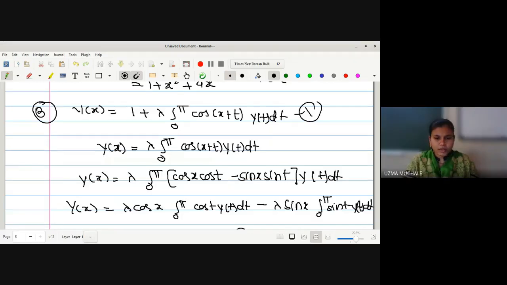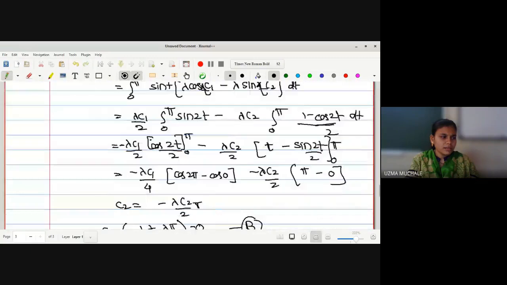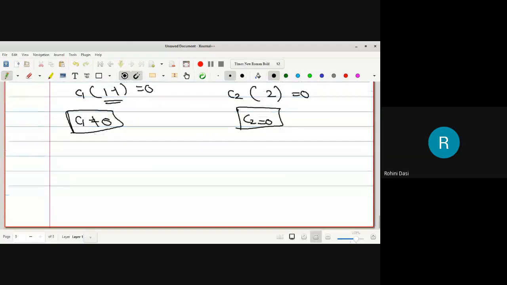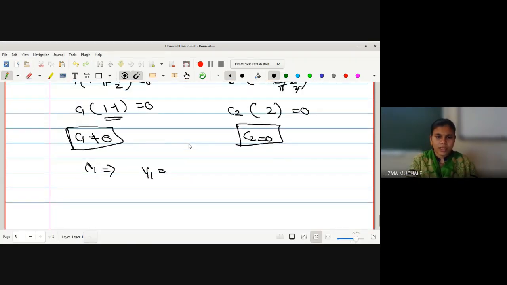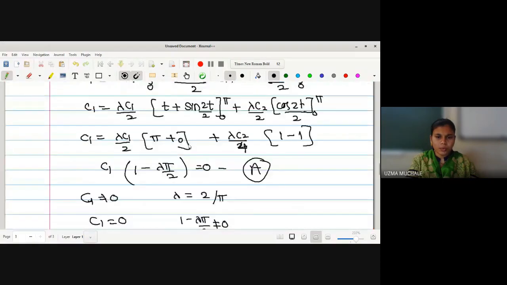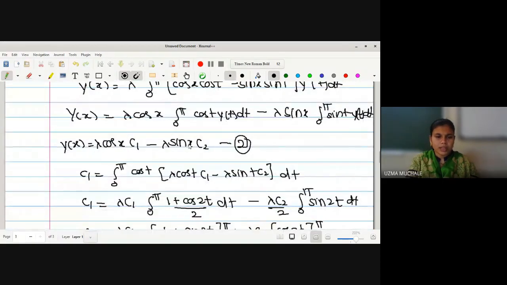Have you done with the values? Yes, ma'am. Okay. So after putting the value of lambda 1, we get the value of y1. What is the value for y1 we can have? Equation 2, that is after putting the value of lambda 1. That will be y1 is equal to lambda 1 cos x c1 minus lambda sin x c2.